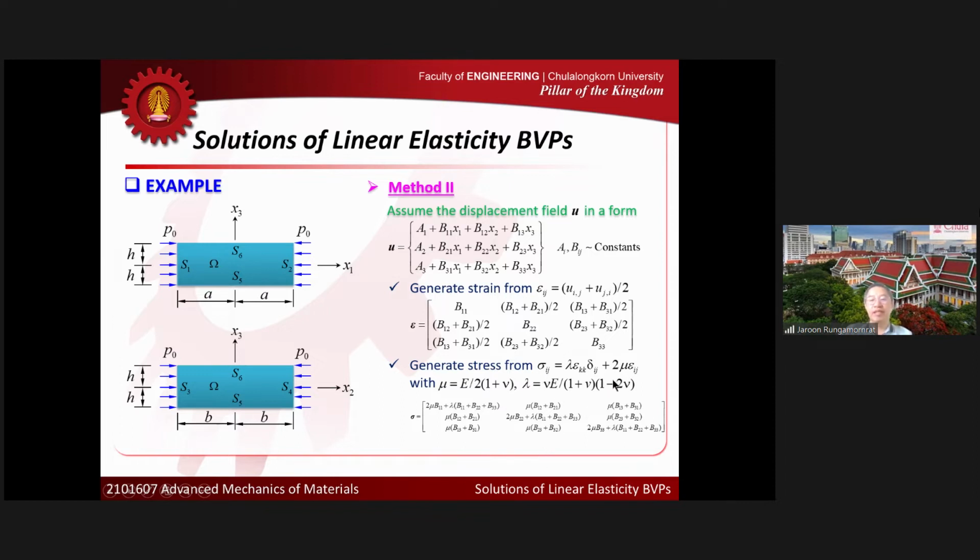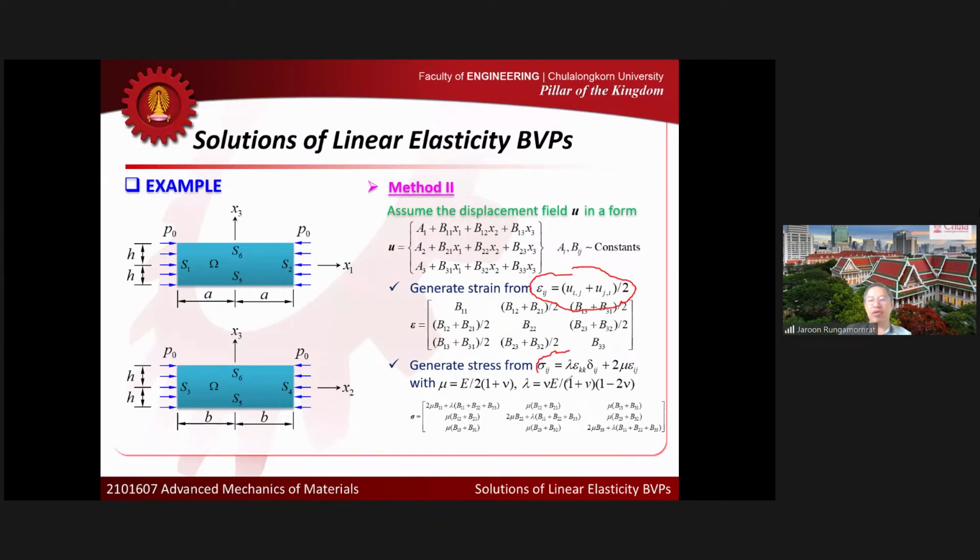Okay, so now we start by guessing the displacement field. We can generate the remaining two fields, strain and stress, by using these two relationships. Now I can say that we have all fields. Okay, we have displacement, we have strain, and we have stress. And two governing equations are already satisfied, right? Because that one is already satisfied.